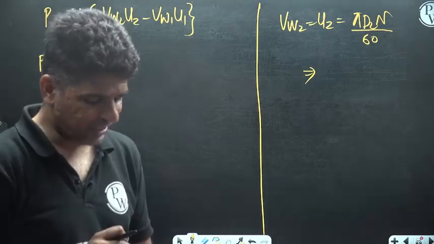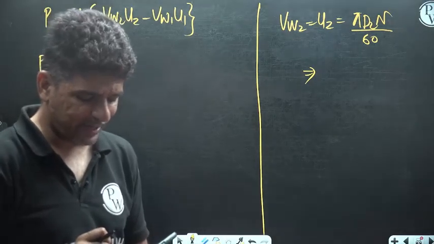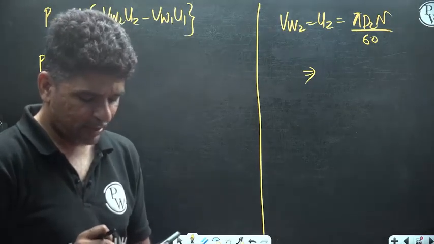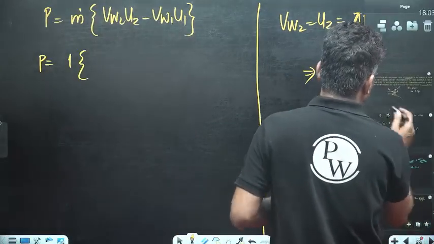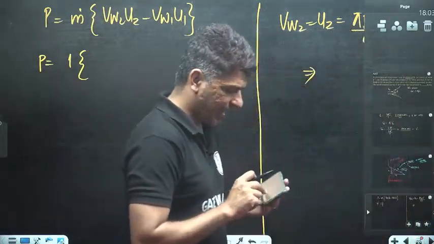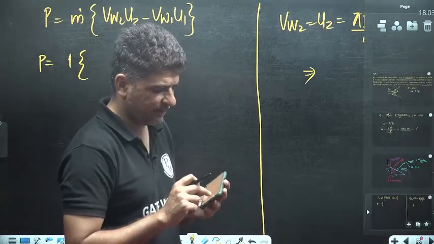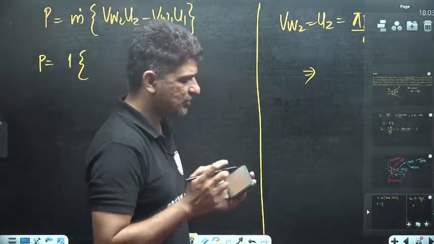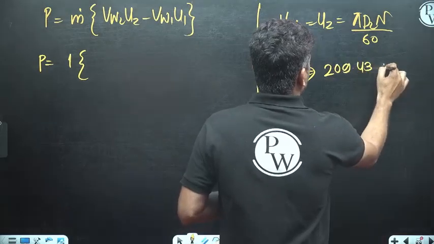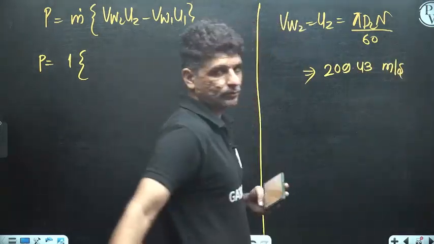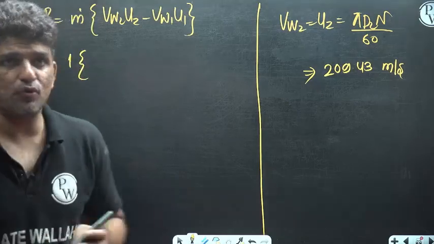So velocity U2 will be pi multiplied by d2, 0.2, multiplied by RPM, sorry, 20,000, divided by 60. So U2 is 209.43 meter per second.